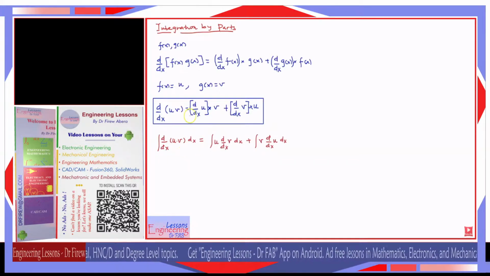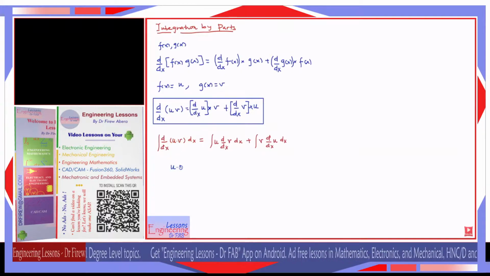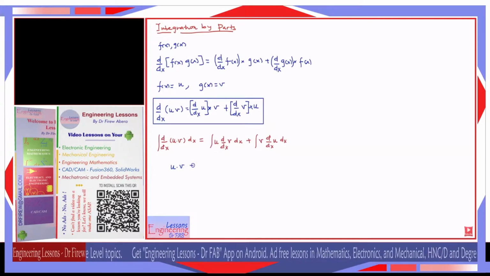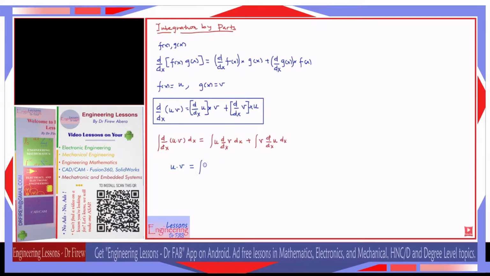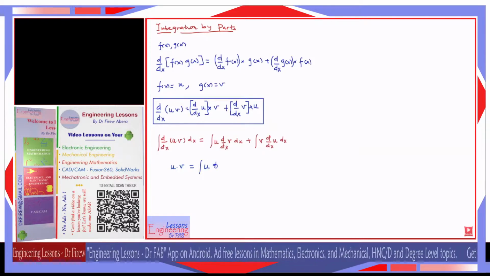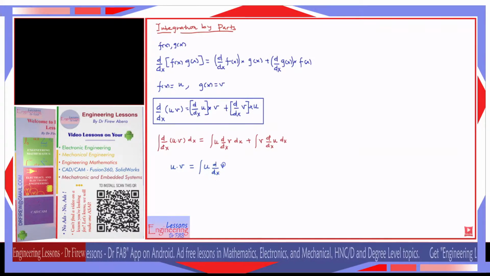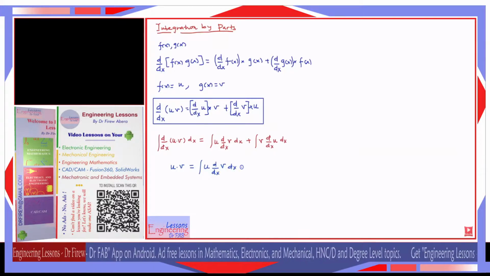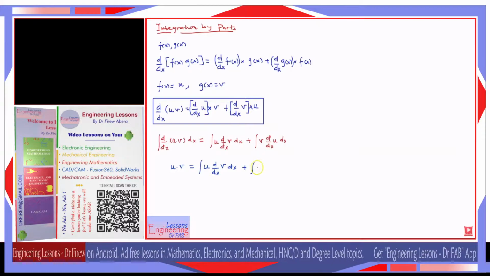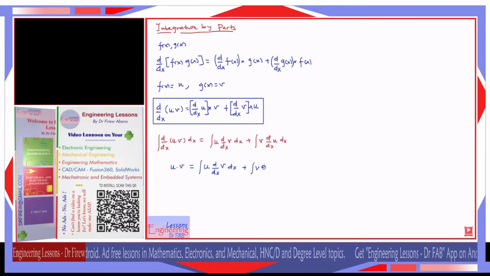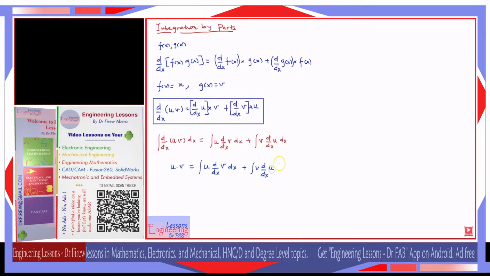In that case, on this side we have u times v, which is equal to the integral of u d by dx v dx plus the integral of v times d by dx of u dx.